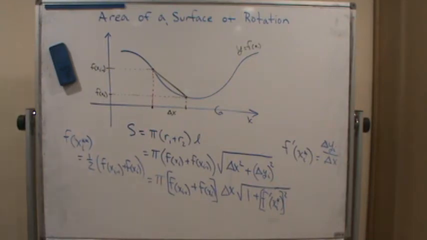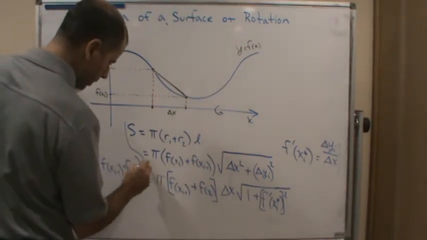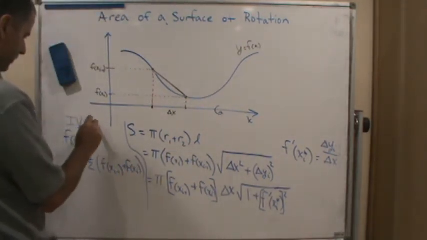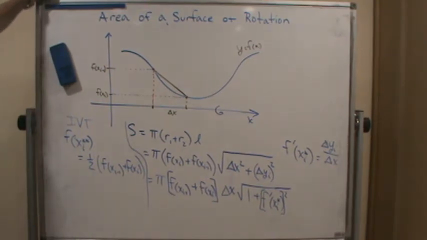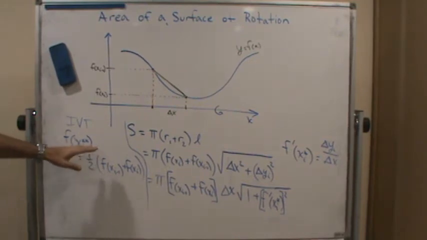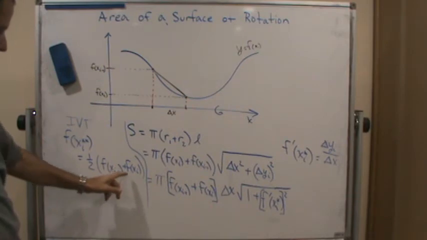And that's by the intermediate value theorem. So the intermediate value theorem says there has to be some point within the interval that is 1/2 the sum of these two functions.